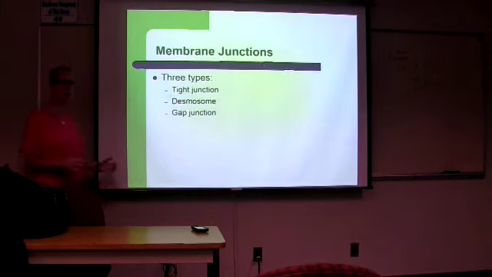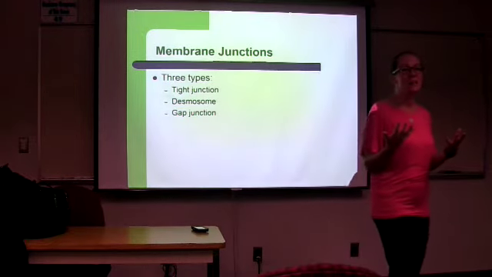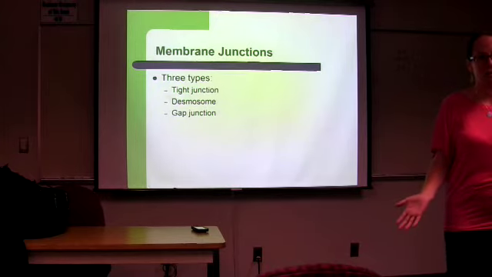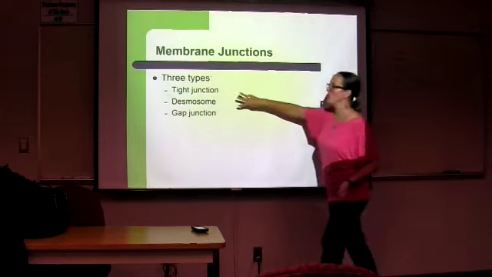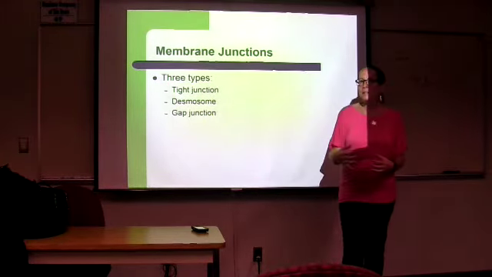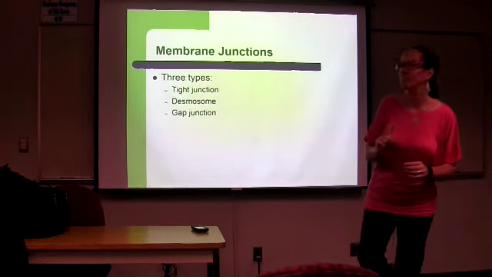So we need to have some connection between these cells, right? Otherwise, they would just float out in space or fall off our bodies. So we have 3 types of membrane junctions. Tight junctions, which are tight. They're in areas that we don't want to let things in. I'm going to give you an example in just a minute.